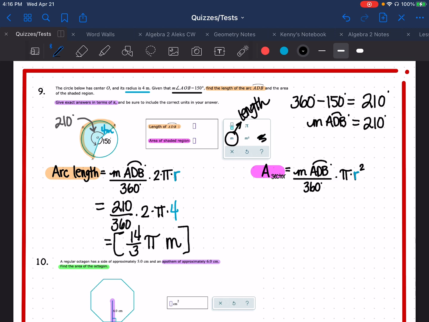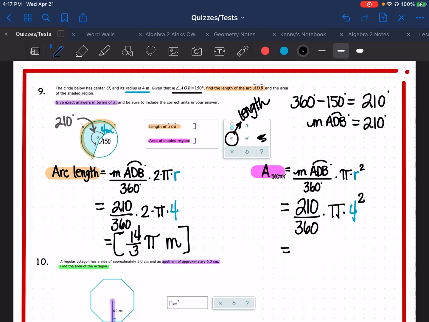All right, for my area of my sector, I'm going to use the same 210 degrees, divide that by 360 times pi times my radius was 4 squared. What's going in my calculator? Everything but pi. The fraction times 4 squared.